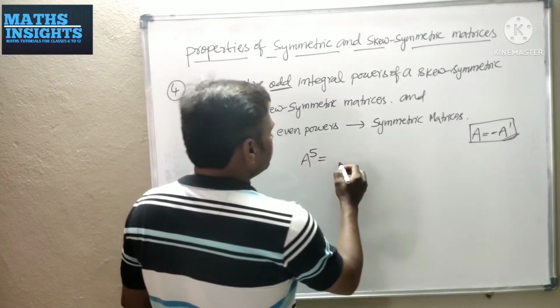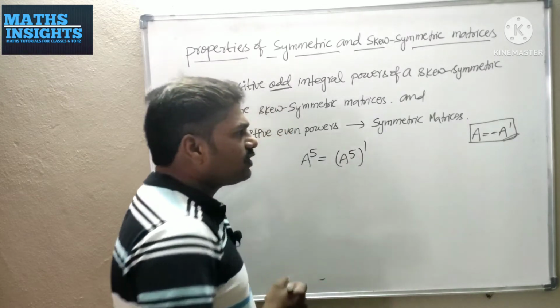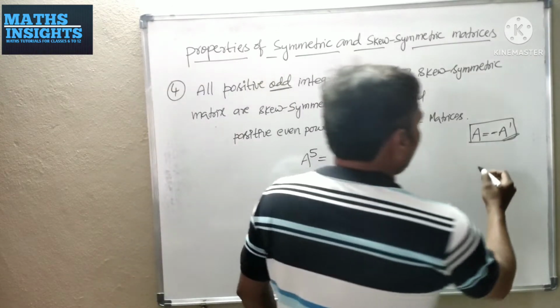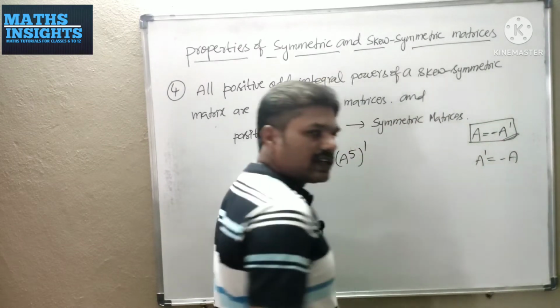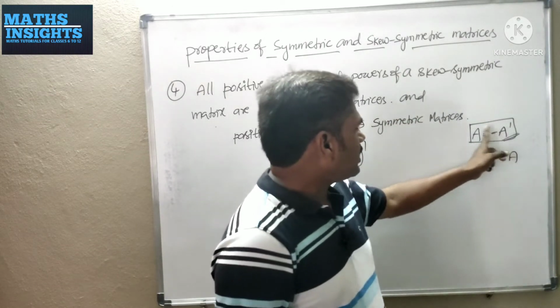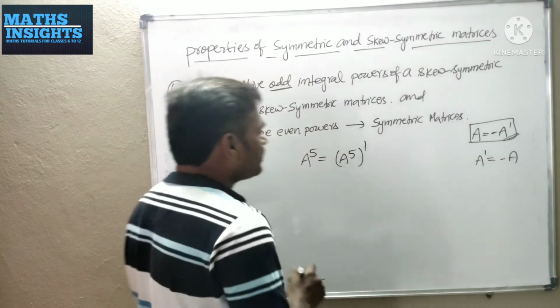To verify it, for every matrix you have to do the transpose. If you are doing the transpose, what do you have to get? Minus A. That means A transpose is equal to minus A, then that is said to be a skew symmetric matrix.